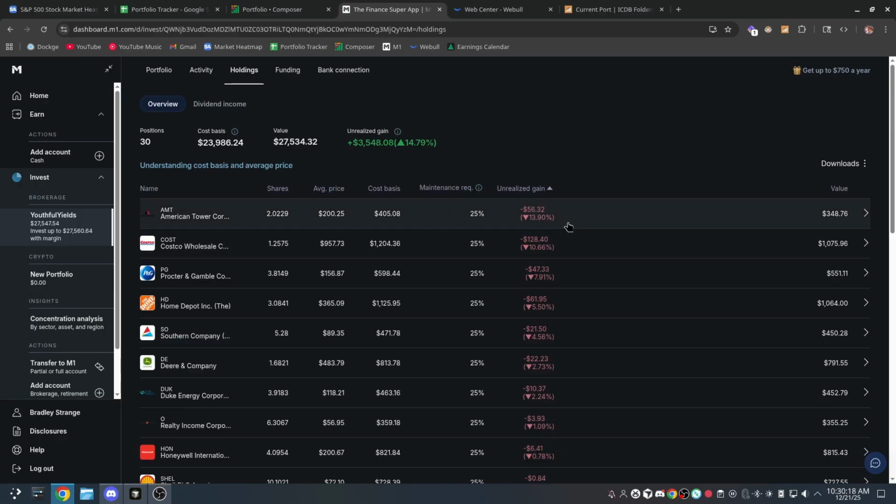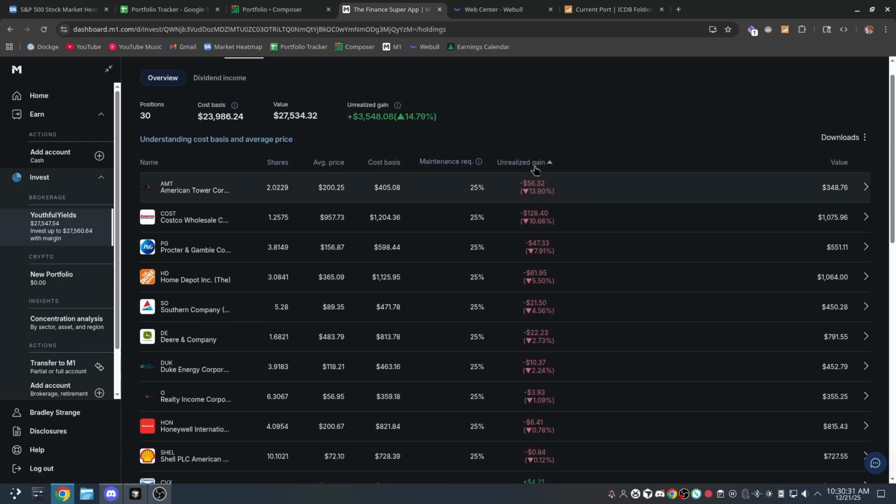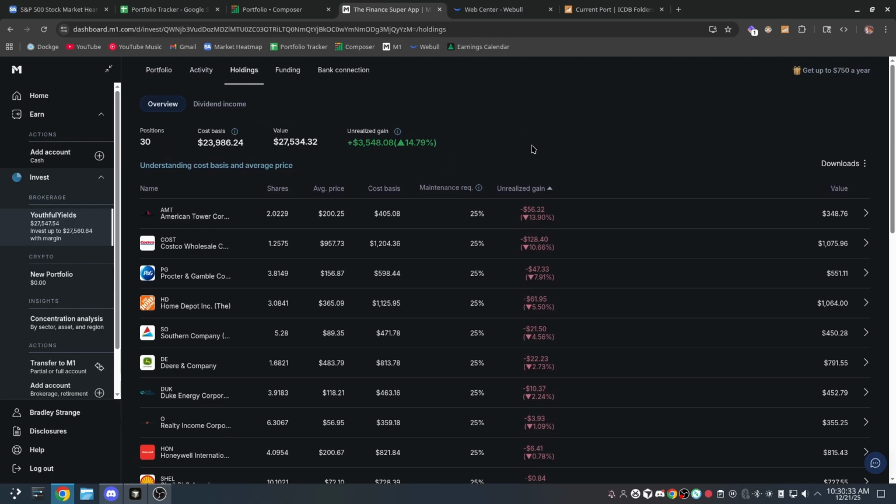AMT is around 14% down, Costco about 10% down, and Procter & Gamble around 8% down. So it really sucks, but there's not much we can do except either sell it out or wait. I'm going to wait because I still feel like this is one of the better options in that sector. Until that opinion changes, I'm not going to get out of it just because it's losing.